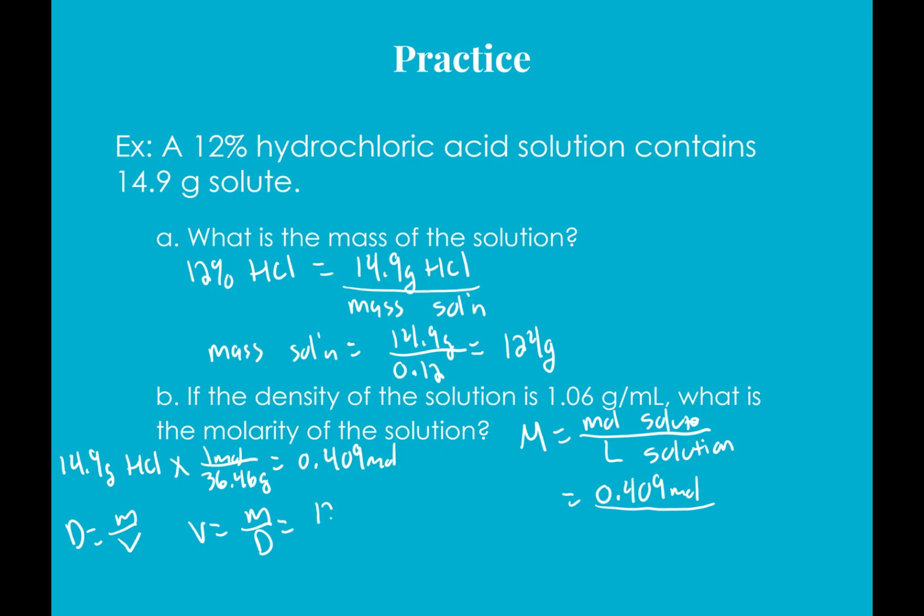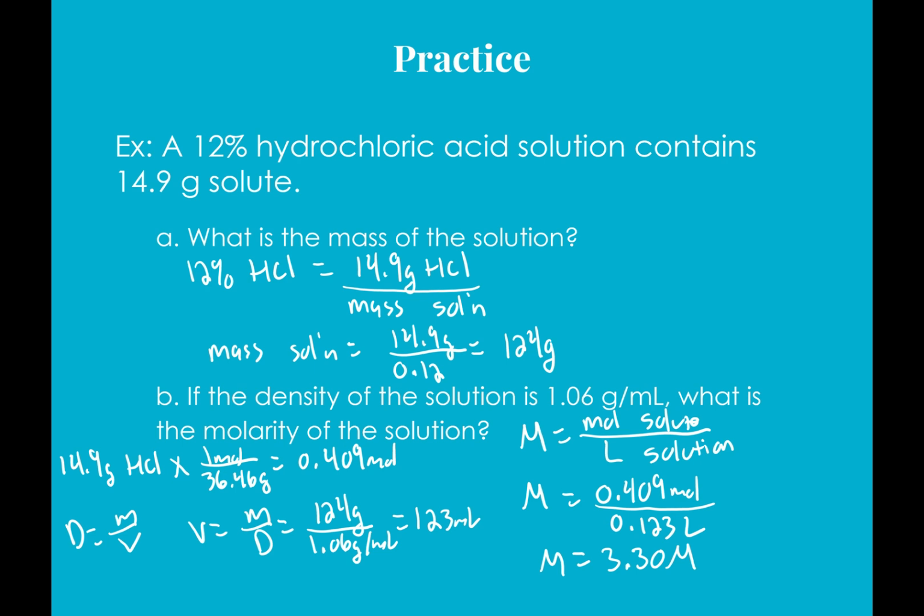So we're going to take our 124 grams of solution that we found in part A, divide by the density of 1.06 grams per milliliter, and we see that our solution has a volume of 123 milliliters. So converting that to liters, we get 0.123 liters. And our solution then has a molarity of 3.30 molar.